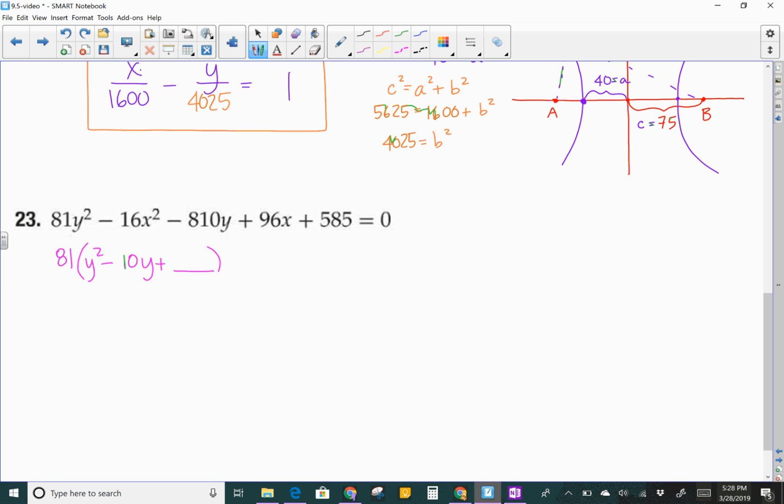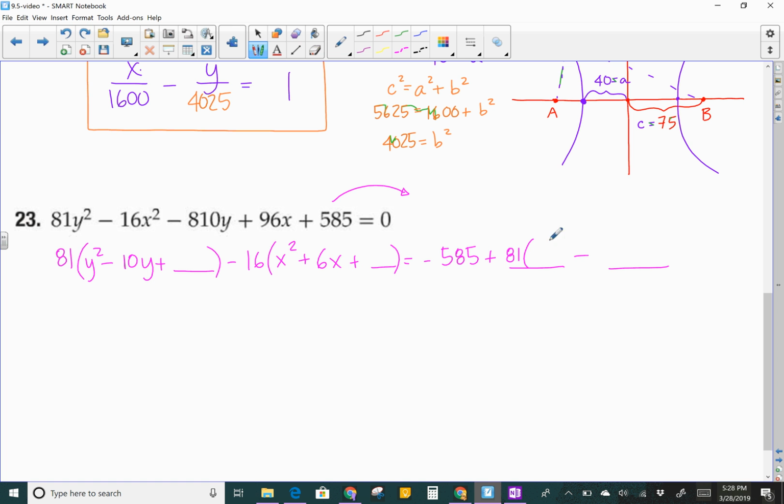plus a blank. And then minus, got to factor out the 16. X squared, 96 divided by 16 is 6. And then I've got to move that 585 to the other side. So I'm going to have negative 585 plus a blank, and then minus a blank. I'm doing the same thing to both sides. This one is being added.